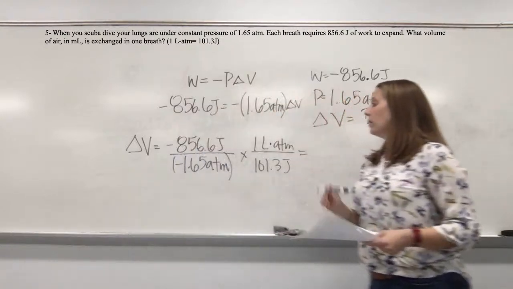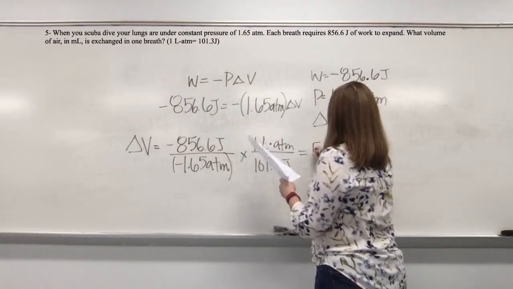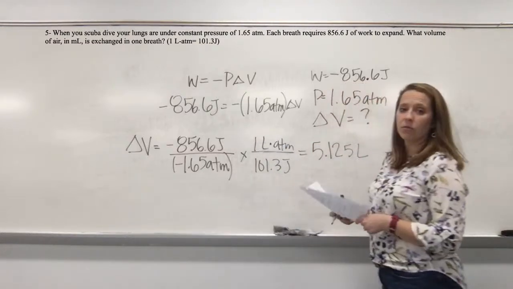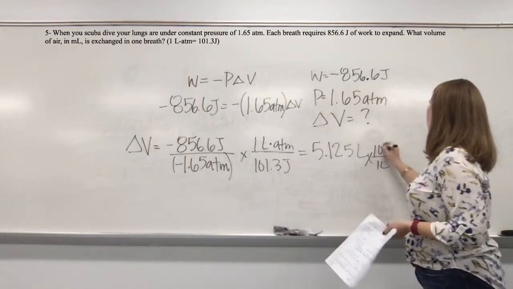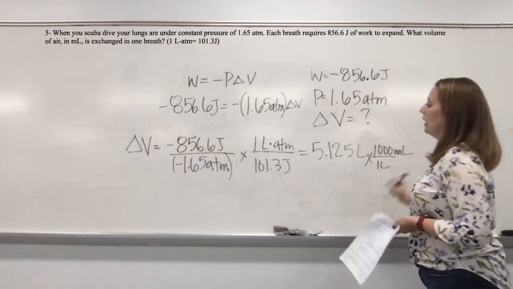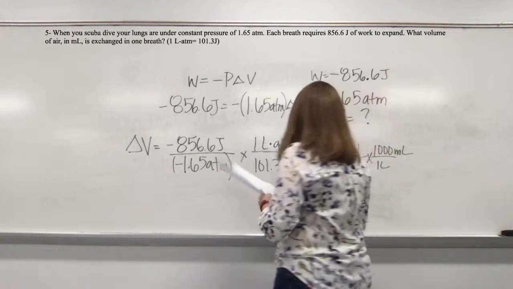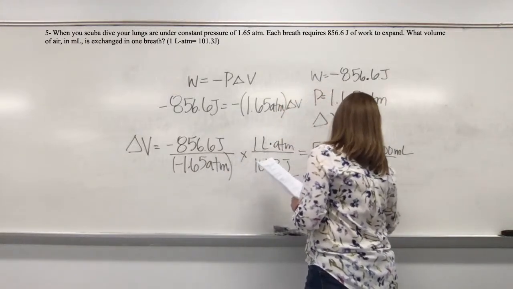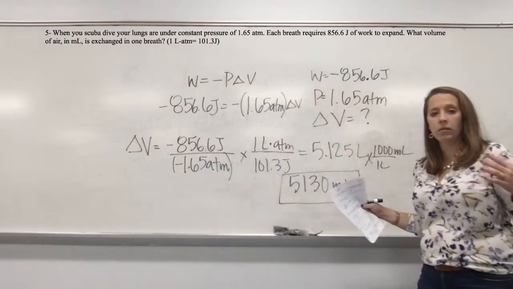When you plug this into your calculator, you should get 5.125 liters, and it asks for it in milliliters. In 1 liter, there are 1,000 milliliters, and our question only asks for 3 sig figs. So what we're going to get is 5,130 milliliters is the change in volume.